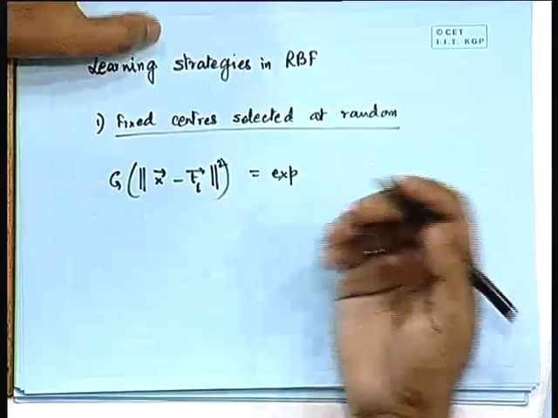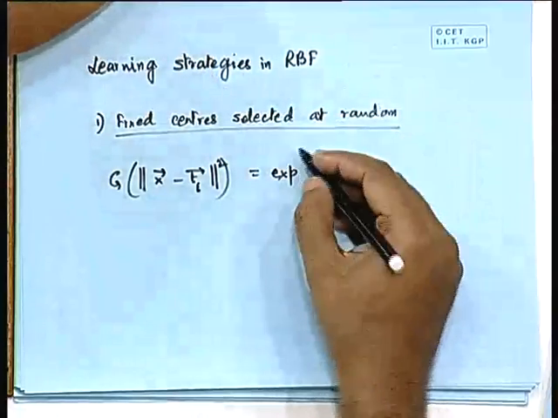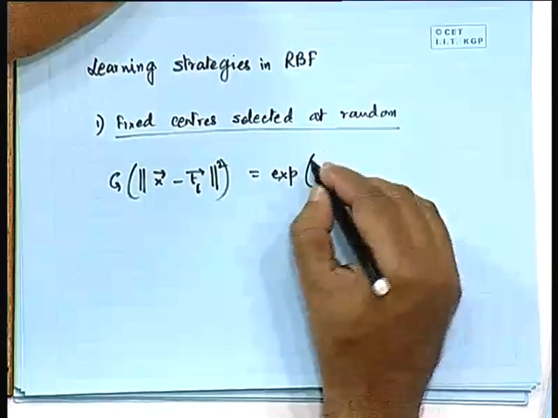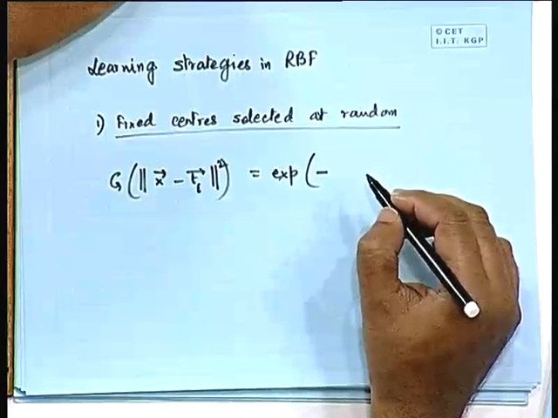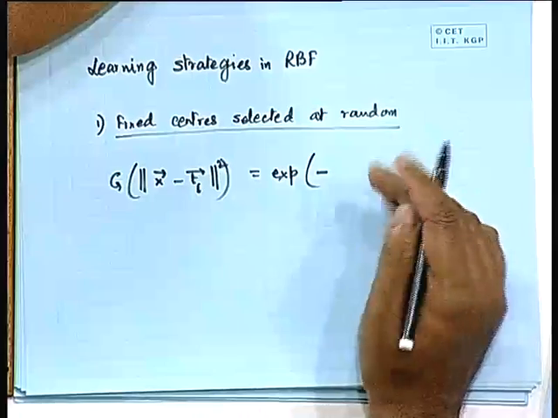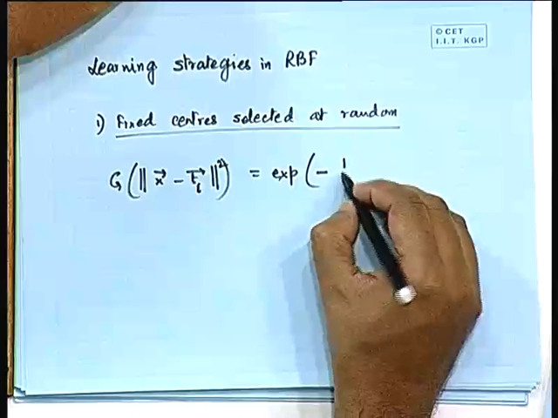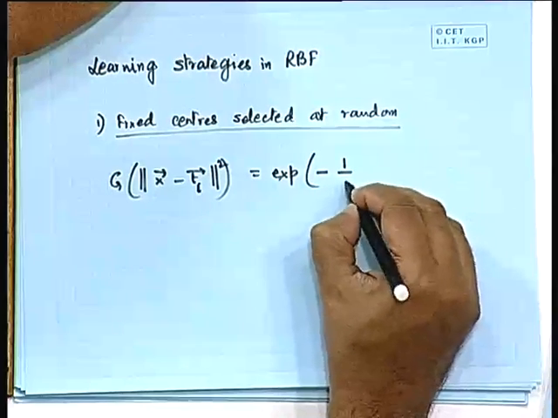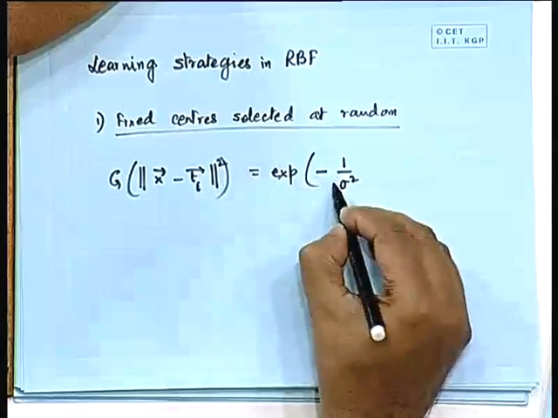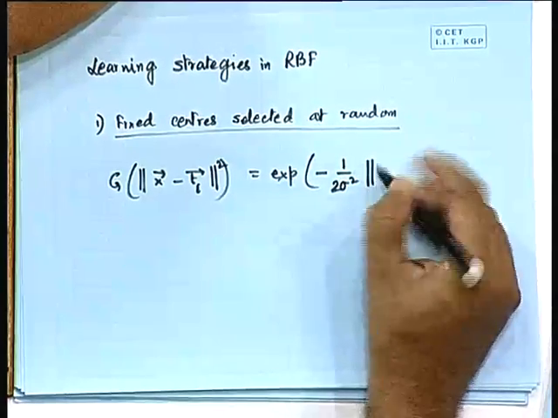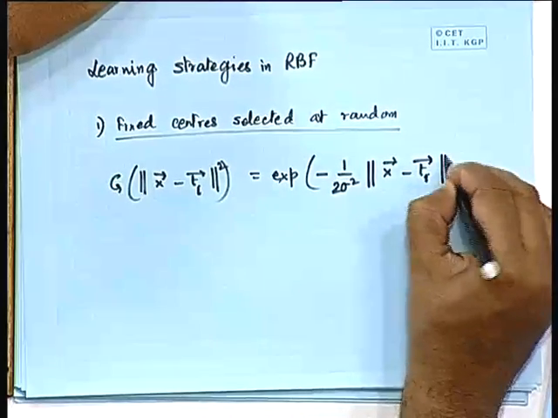If we happen to choose the Gaussian as the radial basis function, the argument of this exponential will be minus 1 upon 2 sigma square into the norm of x minus ti squared.